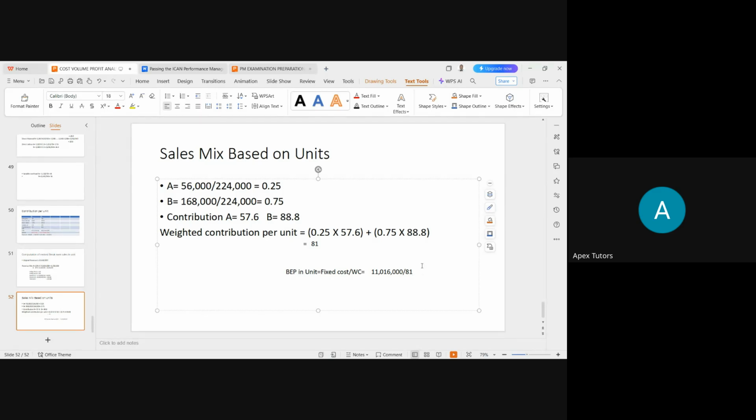So the break even point, or the break even in units, will be what? Will be 136,000 units. 136,000 units. So based on the sales mix, what portion belongs to product A?